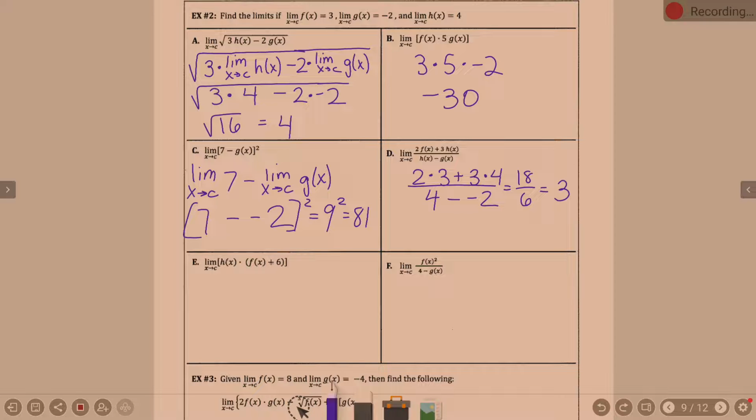E, I think I am going to write this one out notation-wise because it looks a little different, doesn't it? There's an h of x, and then it's times f of x plus 6 in parentheses. So I'm going to say, okay, it's the limit as x approaches c of h of x. And then I'm going to say times, I'm going to use brackets, the limit of f of x as x approaches c plus the limit as x approaches c of 6.